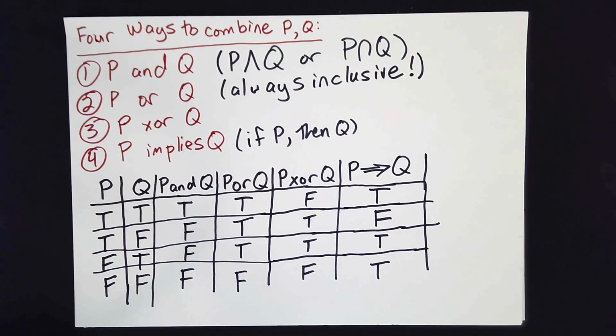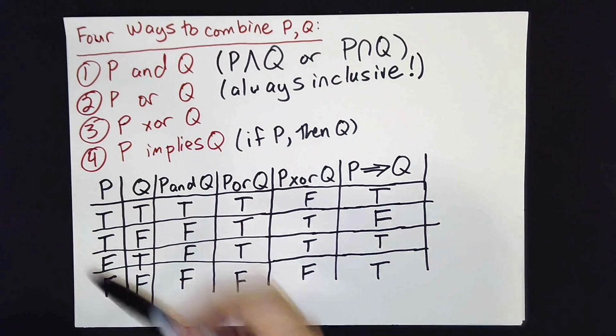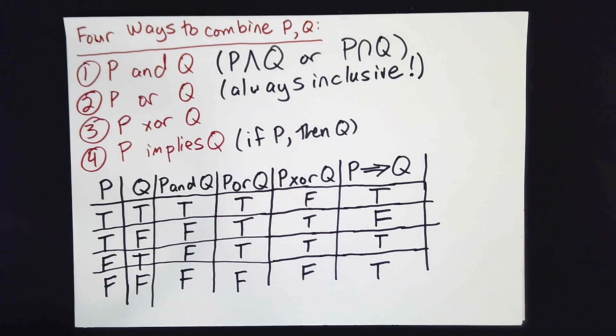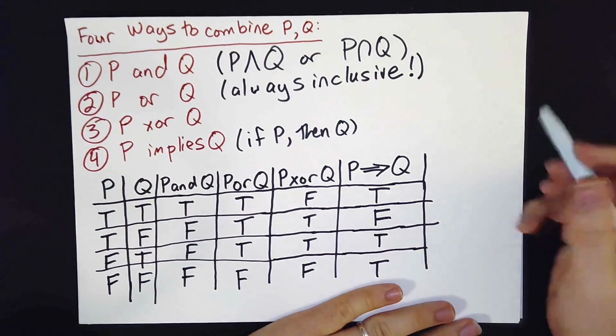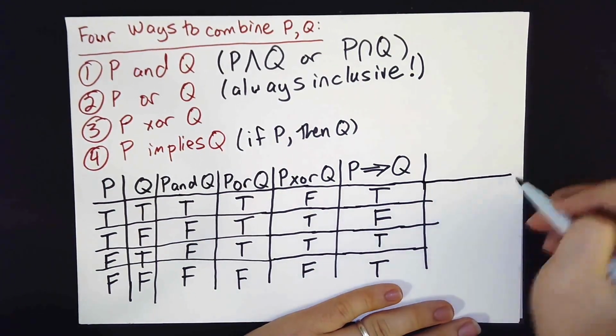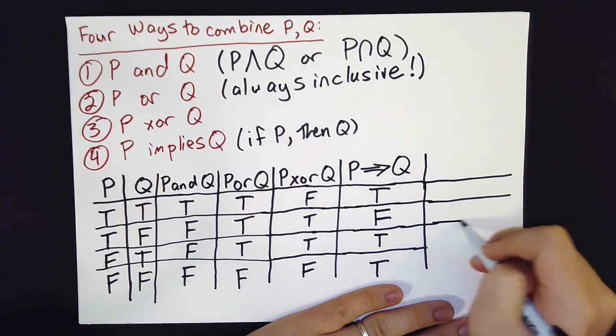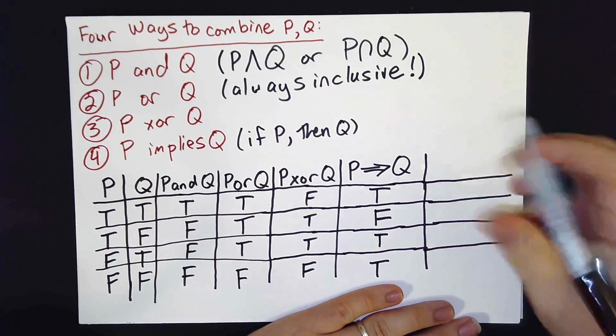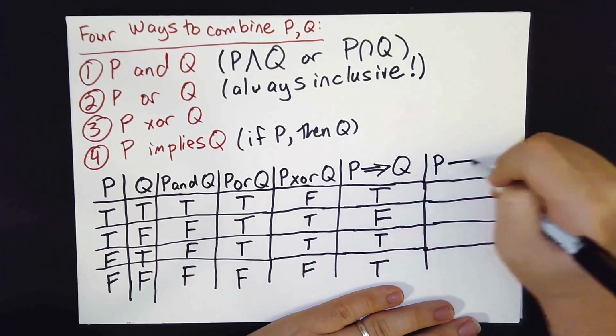Because all I need to know, if I have two statements that I already know whether they're true or false, all I need to decide whether the new statement is true or false is what to do in all four of these possibilities. Now, I've left room here to fill in one more thing that mathematicians often use, and this is really just a shorthand.